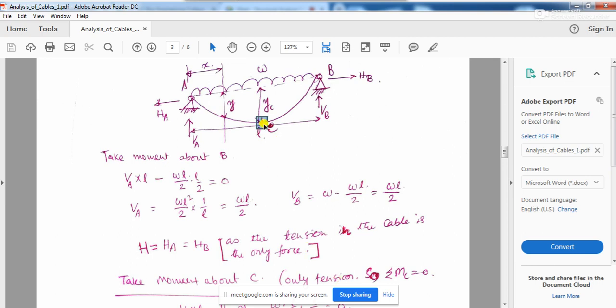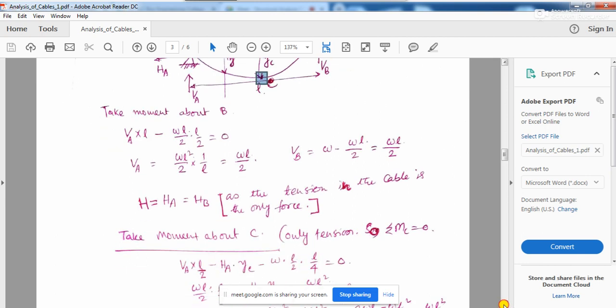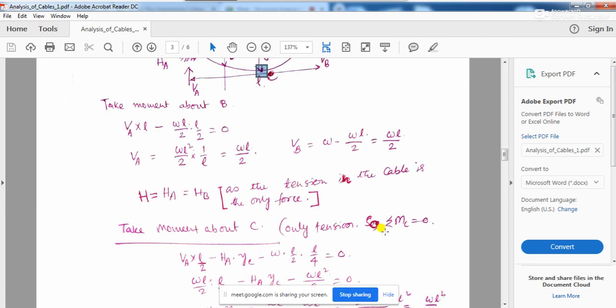So if I take moment about this point C, the moment MC, that is the summation of all the moments about point C, should be equal to 0, because the cable structure will always be completely under tension. There will not be any bending moment coming into the structure. So this condition is very important. At any point in a cable structure, the sum of all the moments of all the forces about that point is equal to 0.